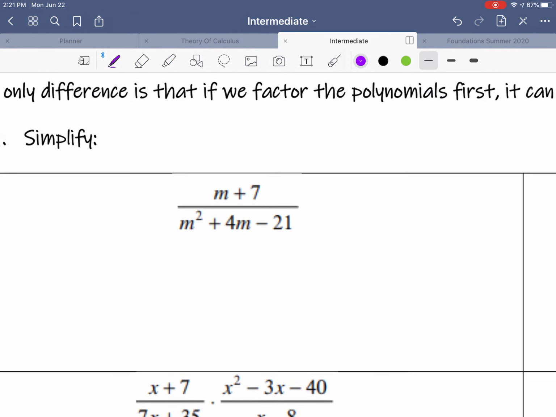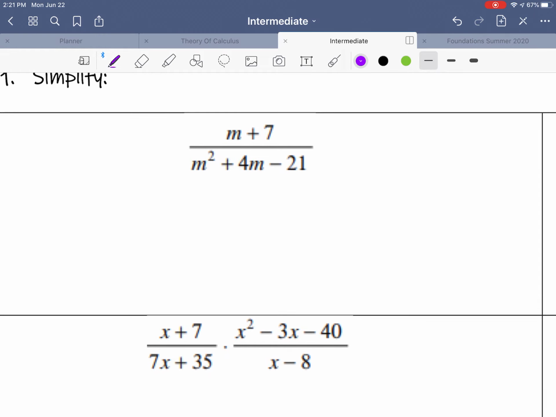We're going to start simple. In this top box right here, I don't have any multiplying or dividing, but I just want to show you that it's very easy to do. In this example, we have this quadratic in the denominator. I'm going to factor it quickly with the shortcut. I do have a video on factoring trinomials if you want to go back and watch that, but I am going to jump straight to factoring.